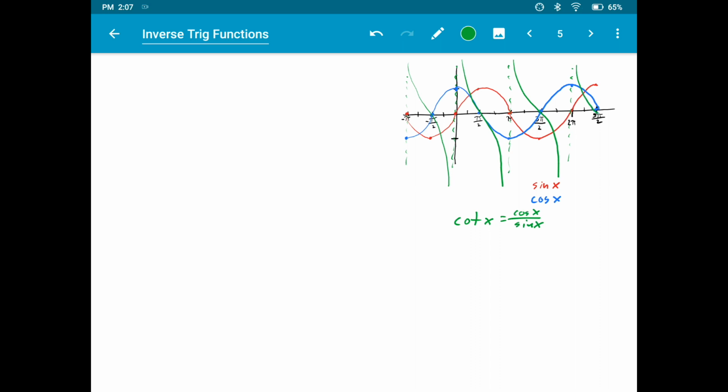Now, we can't include 0 this time because the cotangent of 0 isn't defined. But we would still like to have that same basic area of the circle, and we would still like to have a continuous domain restriction if possible.